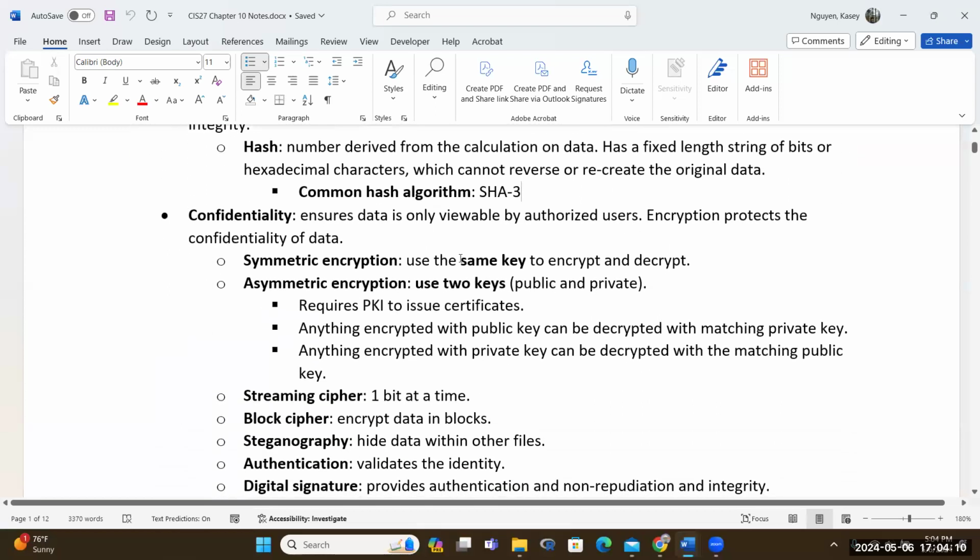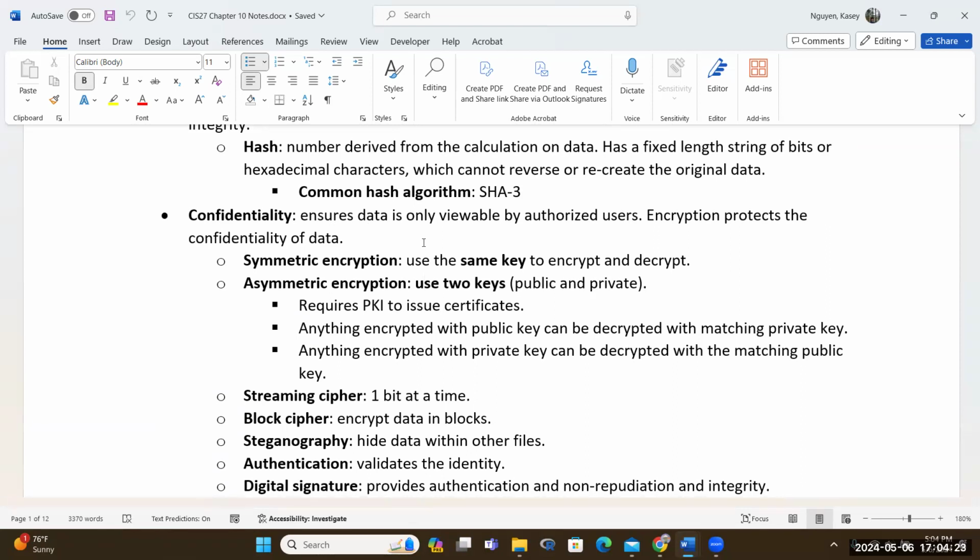Confidentiality is because we are going to use a key to lock it, maybe the same key to open or a different key to open. So when you're using a symmetric key, just like how you lock and unlock your house, that same key is used to lock the door, and that same exact key is used to unlock the door. Now, the challenge with symmetric key is how you exchange your key is very important.